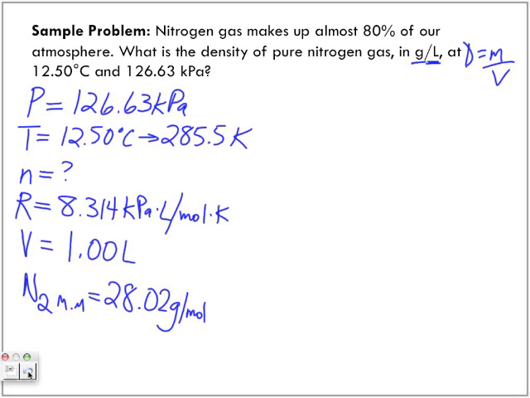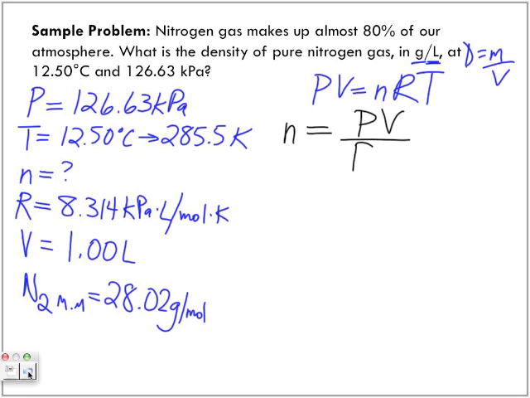So we have the equation PV equals nRT. So what we want to do is isolate for what? N. So we isolate for N, and let me use a different color here. N is equal to PV over RT.